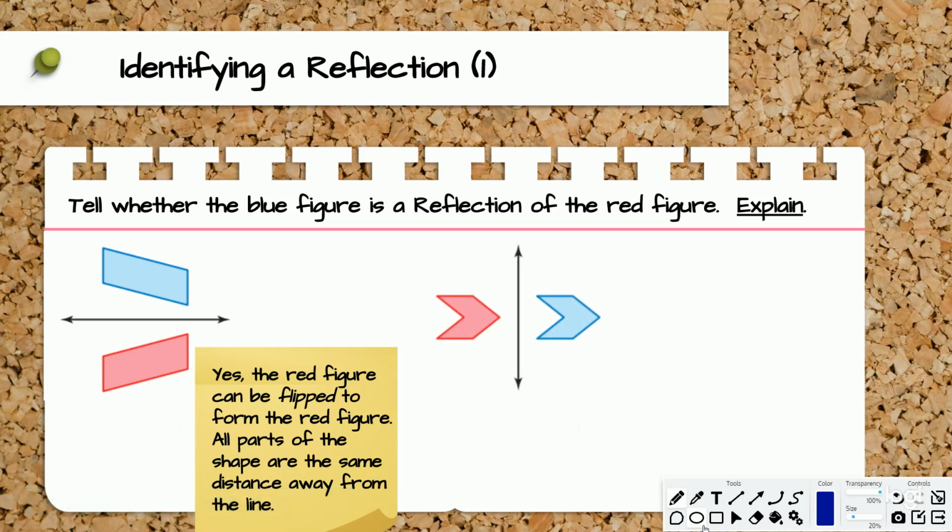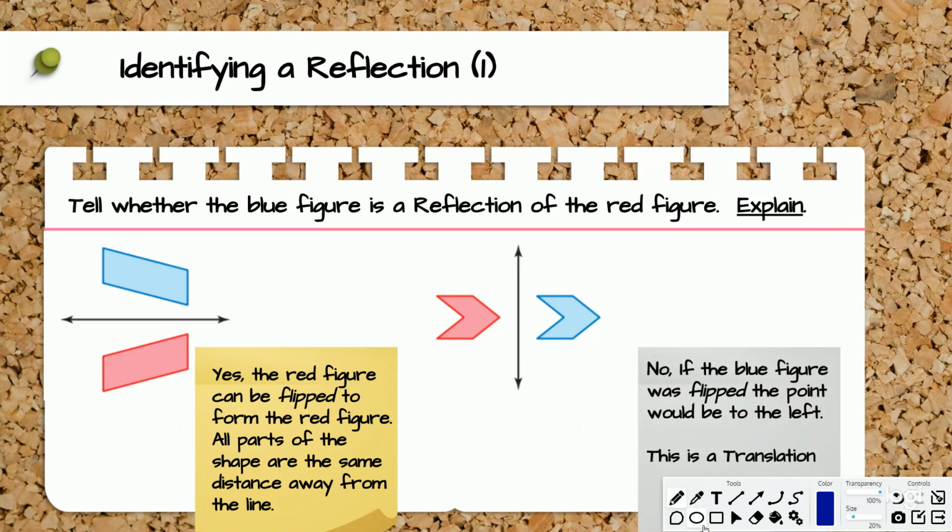What about this one? No, this one is not. If the blue figure was flipped, the point would be on the left. So this point right here, if it was a reflection, would actually be about right here, and then these points would be over here if it was a reflection.